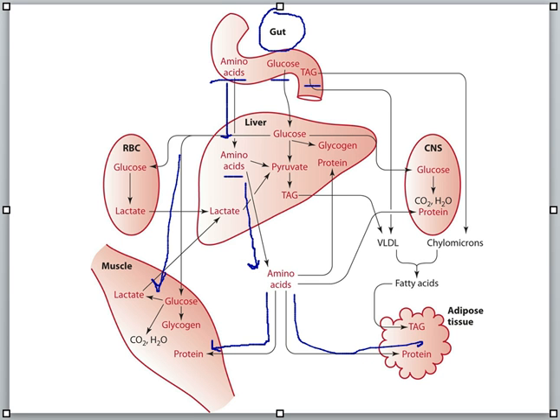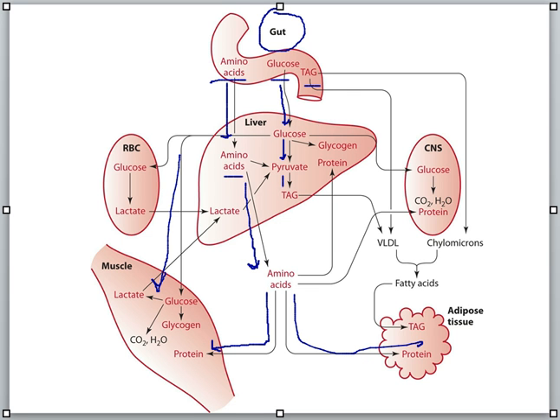The glucose, as we know, is a primary fuel source, particularly in the fed state. So glucose goes into the liver. It can be converted to pyruvate, and then that can be used to go through the Krebs cycle or TCA cycle and electron transport chain to produce energy.